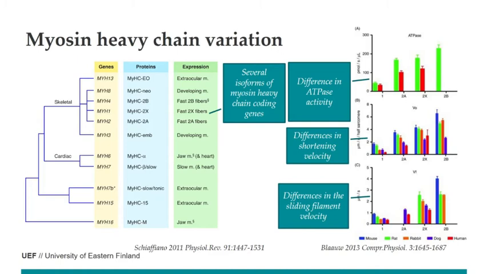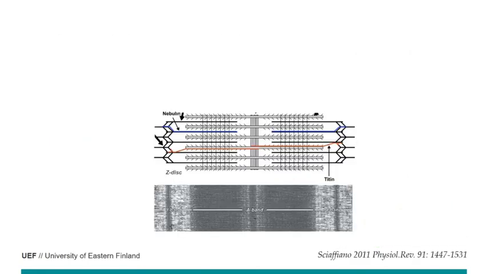And the mouse type 2A is actually at the same rate as type 1 muscle cells in the mouse. So that's why some animals are able to run faster, and that's why we humans are not the fastest animal in the world. Okay, myosin is different in fast and slow muscle cells.